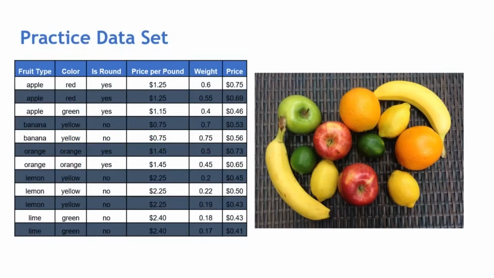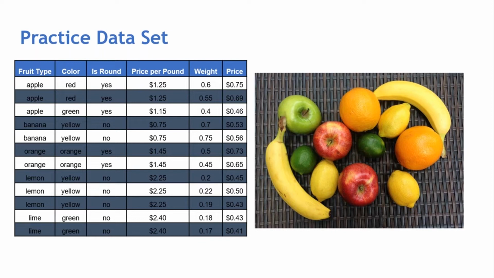Going forward, what is a dimension? If we see a practice data set over here, we have a table which has a few columns called fruit type, color, is round, price per pound, weight, and price. Fruit type will have different fruits in it.